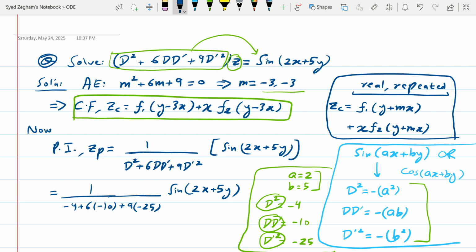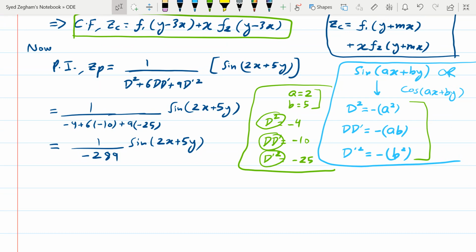And if you want me to write this final value also, according to my calculation, it will be 289 with a minus sign on sine 2x plus 5y. Okay.